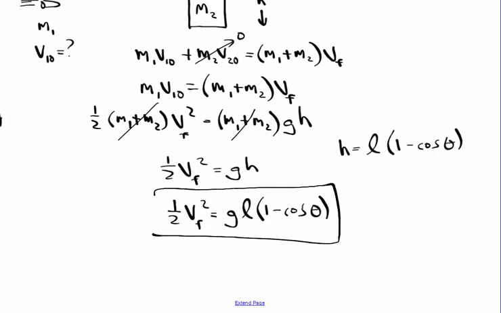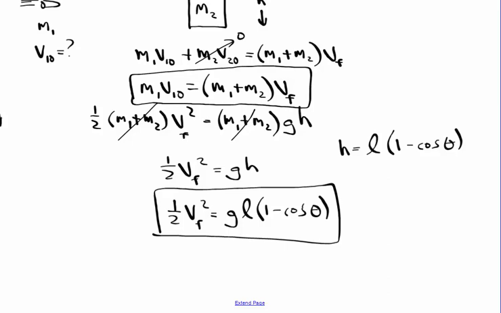So we can actually plug that in. What we wind up with is that 1/2 v final squared equals g times L times 1 minus the cosine of the angle.